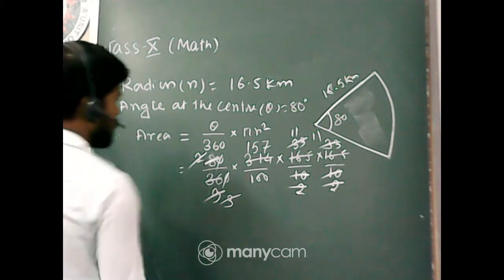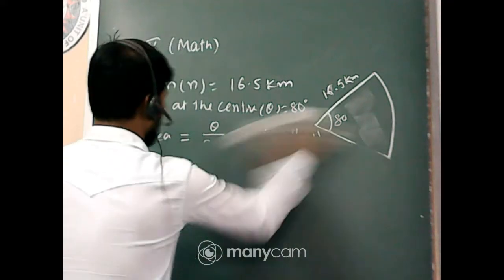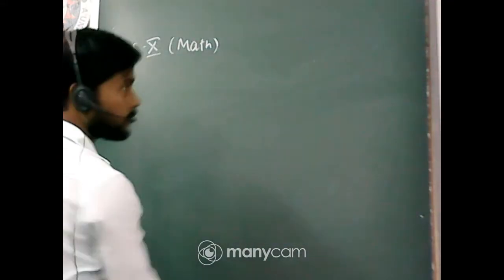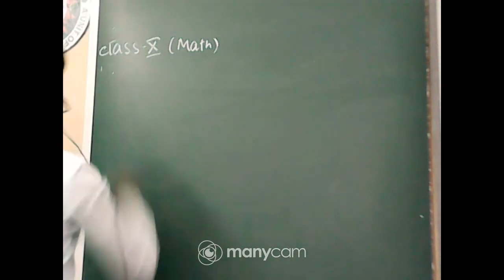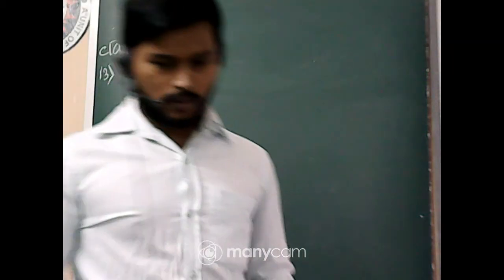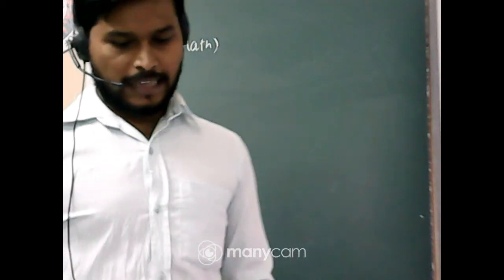Okay, so let's have a look at the next question. Question number 13. A round table cover has 6 equal designs as shown in the figure.